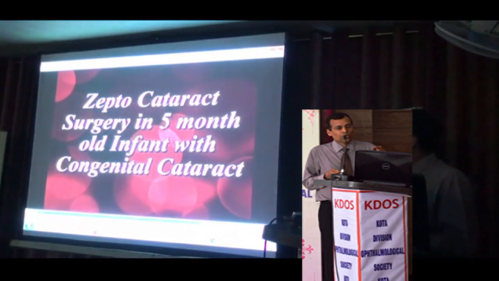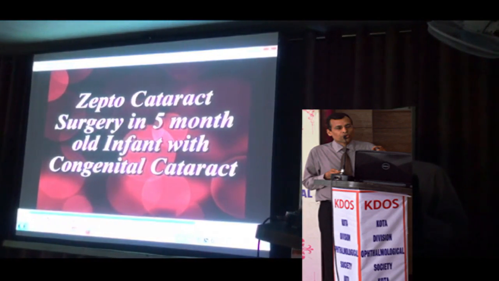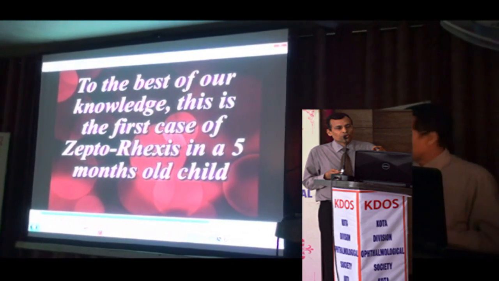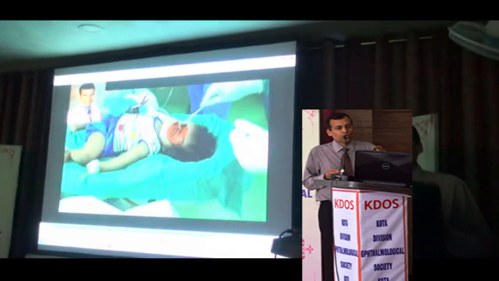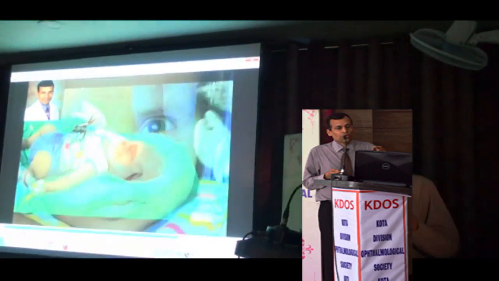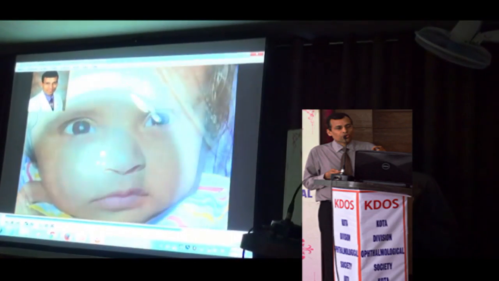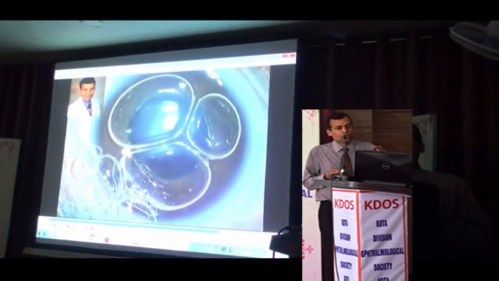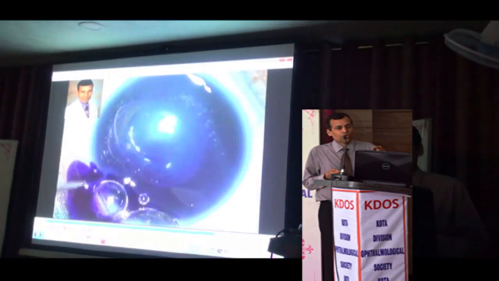One of the recent advancements in technology is the Zepto device for capsulotomy. This is my last video, the use of Zepto in a 5-month-old child, because we know that creating a capsulorhexis is very difficult in these cases.